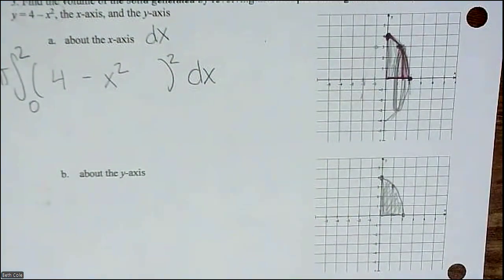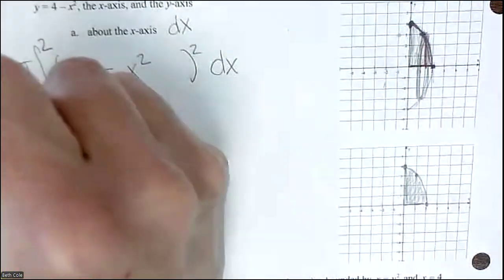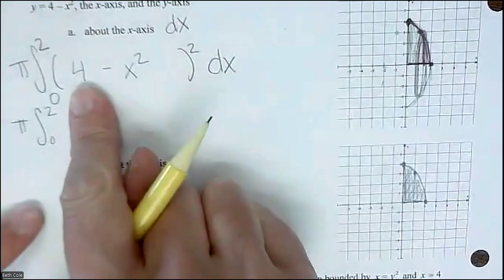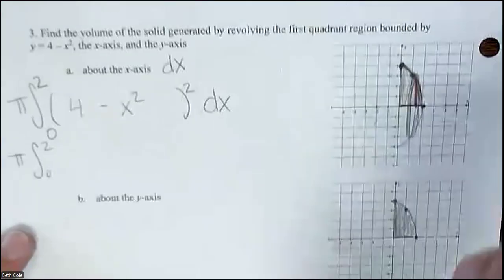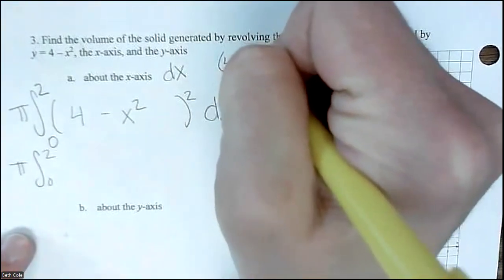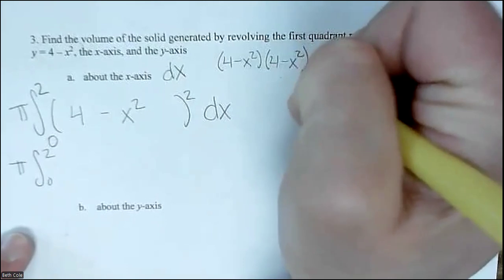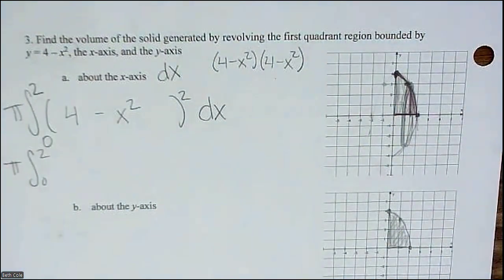I'm going to do this one by hand as well, more for the algebra than anything else. Before I can do the antiderivative, you have to do 4 minus x squared squared. If you can hold that in your mind, that's totally cool. If you want to write it twice, that's totally cool. But I basically want to do this one just so we can get through the algebra.